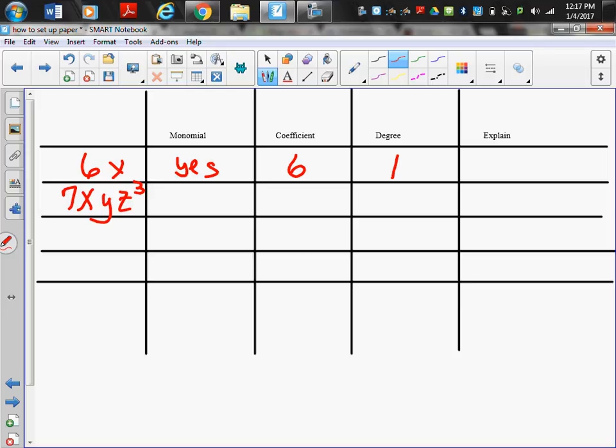I agree. So what is the coefficient? 7. Now, this is where it becomes a little different. So what is my degree?